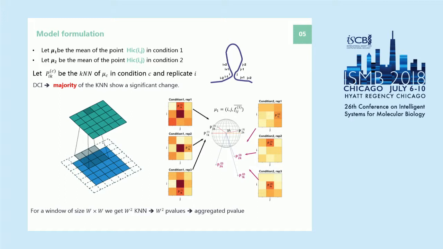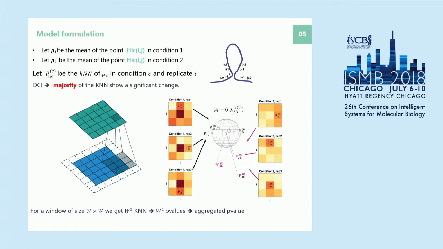If we take the mean of the interaction Ig, for example mu1, and order the points in this window according to their distance to mu1, we expect the k nearest neighbors from condition 1, if there is no differential interaction, to have almost the same density around mu1 as the k nearest neighbors from condition 2.